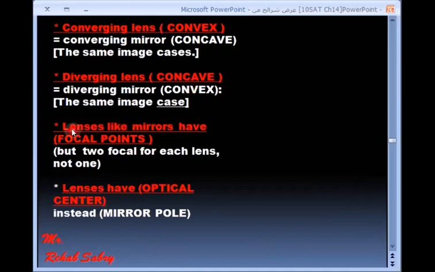Lenses, like mirrors, have focal points, as we said, but two focal points for each lens, not one. For example, if I sketch the converging lens, I'll make a principal axis like this, and I'll put a focal point here and another focal point here.